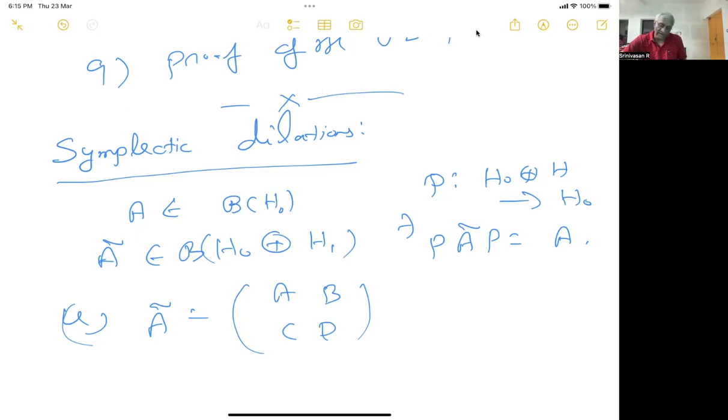So you can write it so that A sits as a diagonal entry. This is what is called dilation.